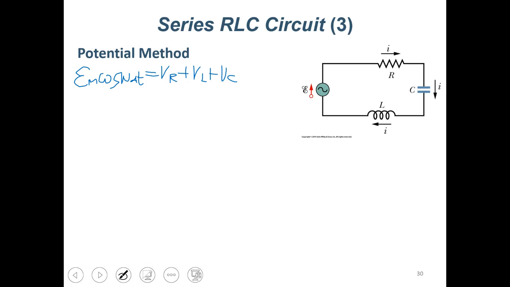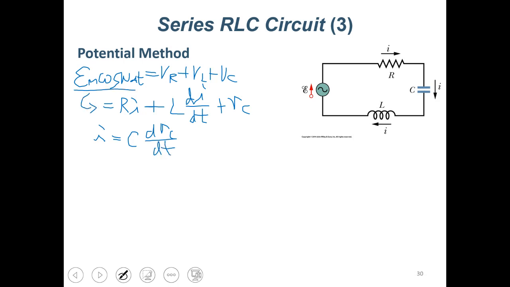Actually VR is Ri, VL is L di/dt, and VC is VC, and we know that i would be C dVC/dt. So we have this one here.